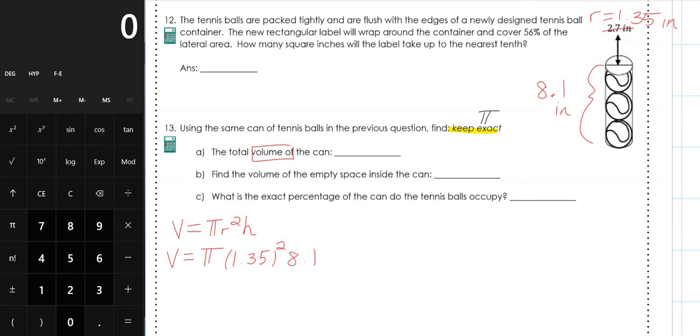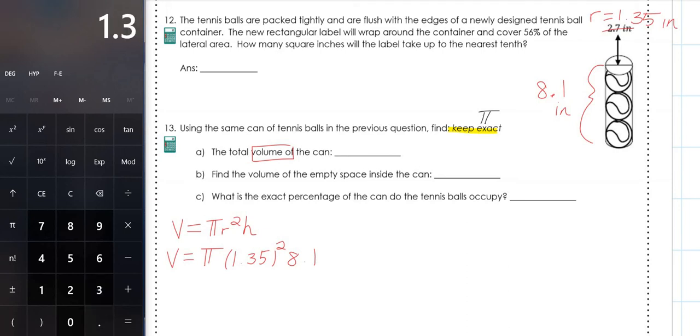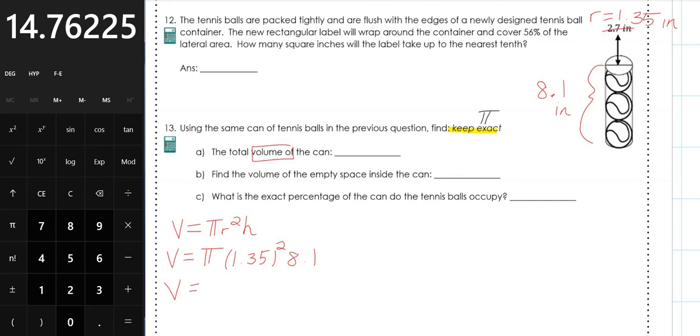Go to our calculator. Remember, don't multiply in pi. It says keep it exact. So our final answer should say pi and then inches cubed. So in the calculator, I'm going to do 1.35 squared times 8.1 equals. Okay? So volume equals 14.76225 pi.